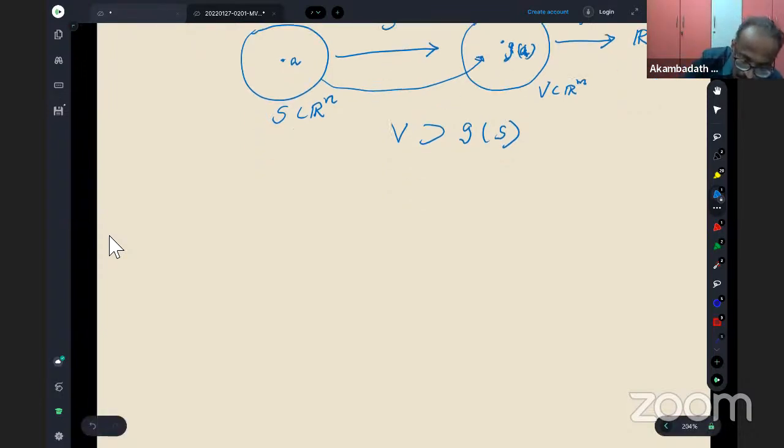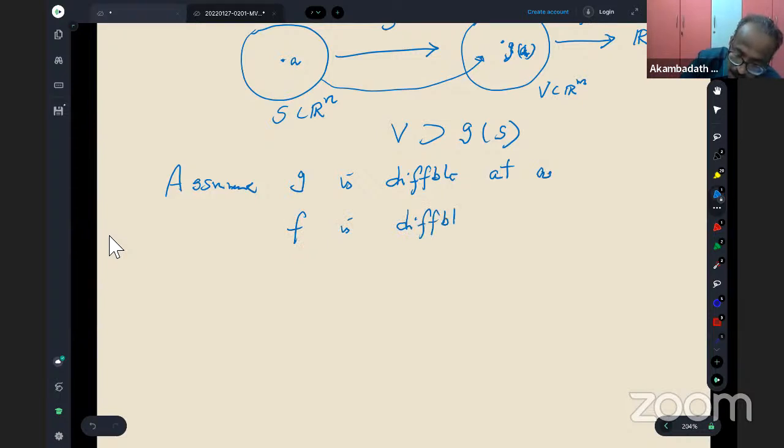So assume G is differentiable at A, F is differentiable at B. We have defined the chain rule for the scalar field, and in fact, we have seen it.